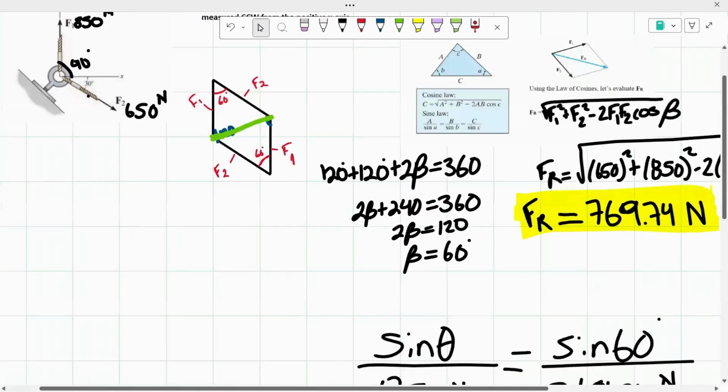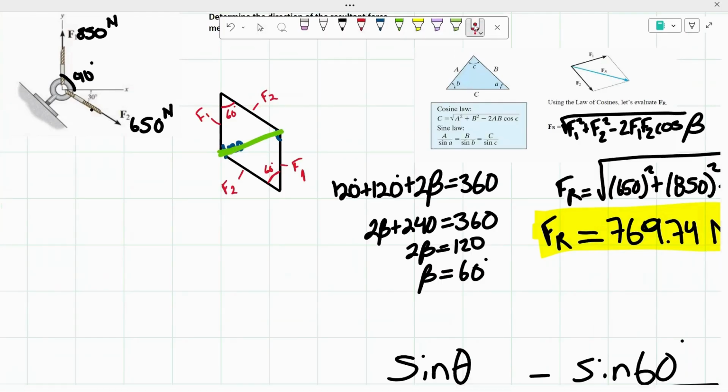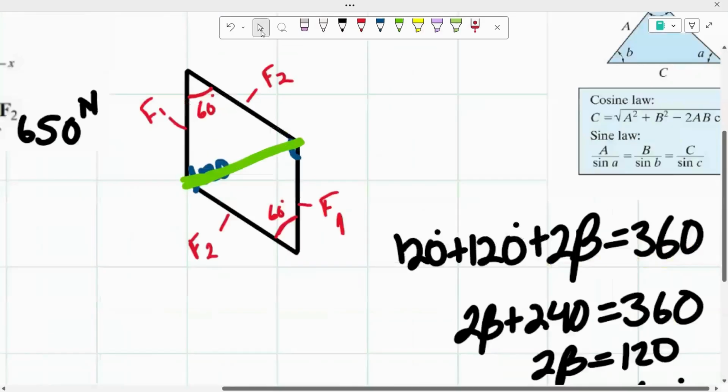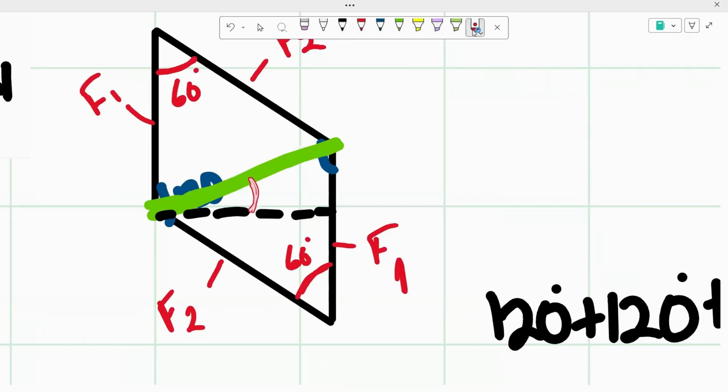Okay, so now that we found the angle that goes right here, let's see if I can zoom in a bit more. Our x-axis is right here, somewhere around there, and we're trying to find this angle going counterclockwise from the x-axis.